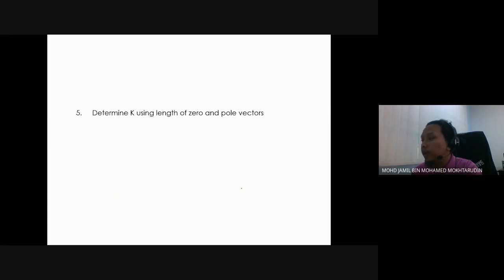And then after that, you find the gain k. So you have three lengths just now, L1, L2, L3. To find gain k, you simply equal 1 over M. M is the product of length of zeros divided by the product of length of poles.